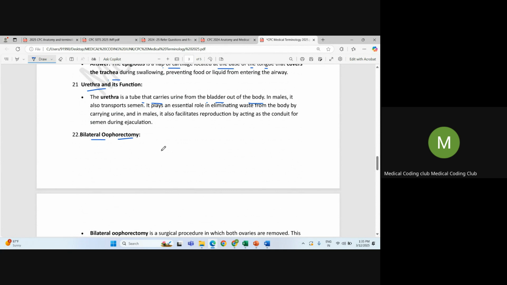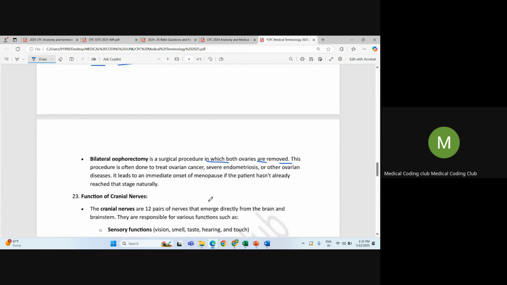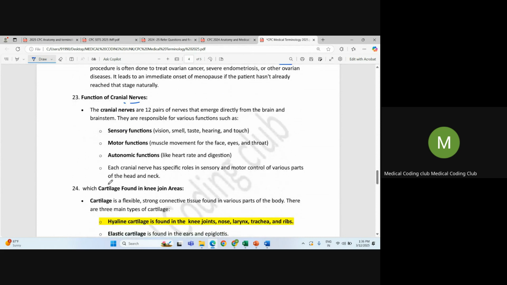Bilateral oophorectomy is a surgical procedure which removes both ovaries. The removal of ovaries will be considered as bilateral oophorectomy. Functions of cranial nerve. Here they are questioning about a group of sensory nerves, and to give more knowledge on the cranial nerves, I have added extra information.